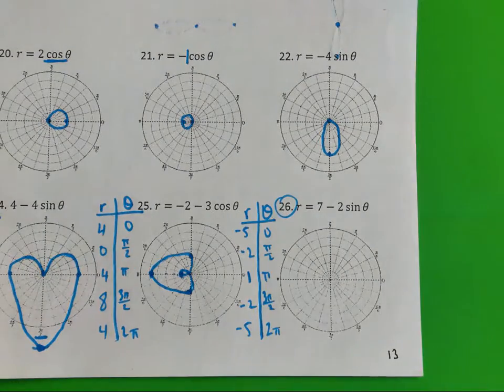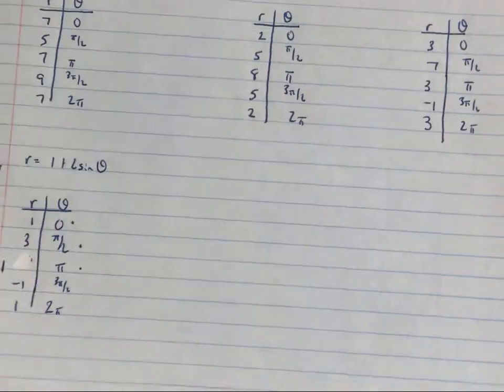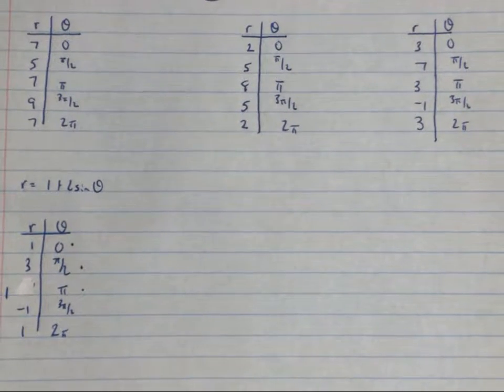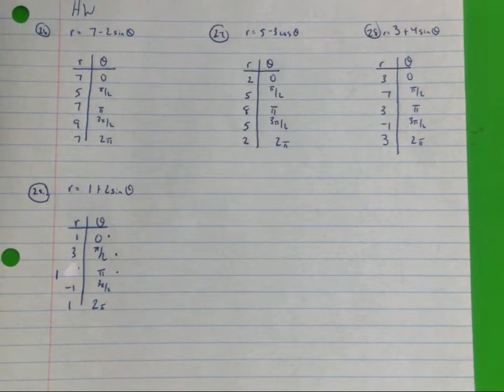All right. Let's look at 27. Right now you can go on and check all your tables, and then we can look at the drawings. There's your 27, 28, 29.